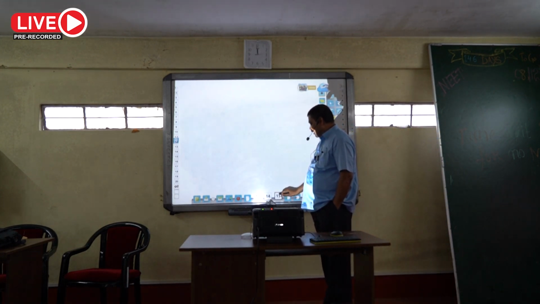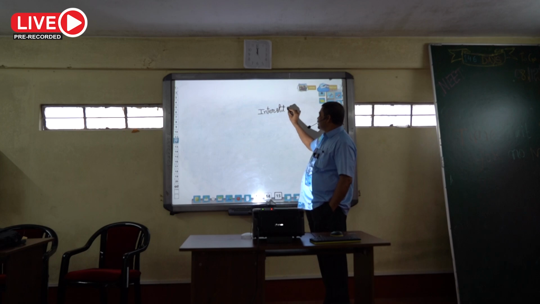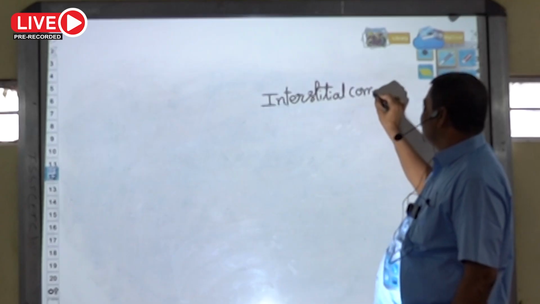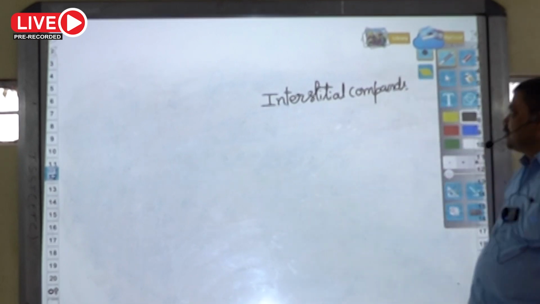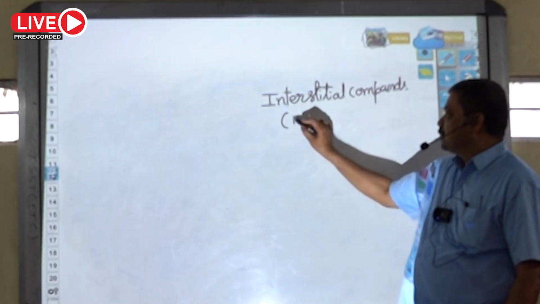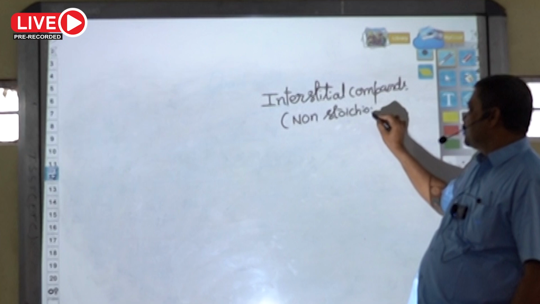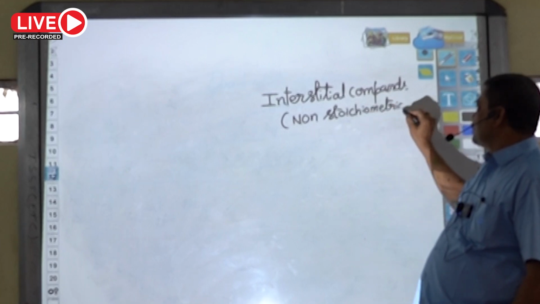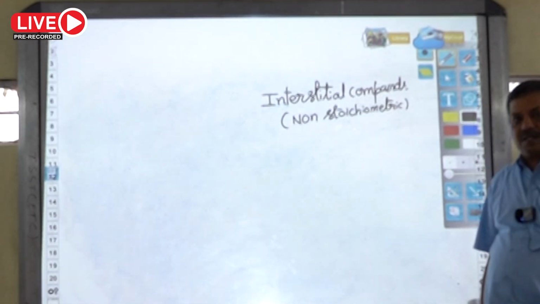Okay. So after alloy formation, interstitial compounds, which are non-stoichiometric. So what are these interstitial compounds?